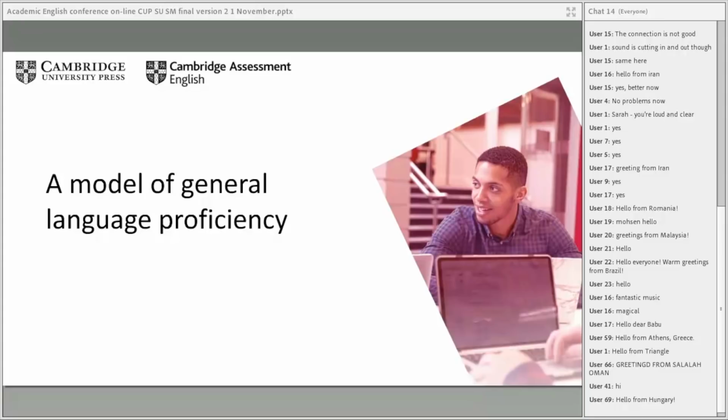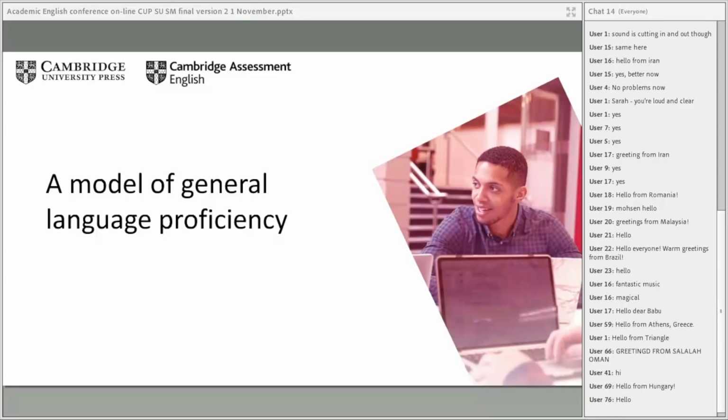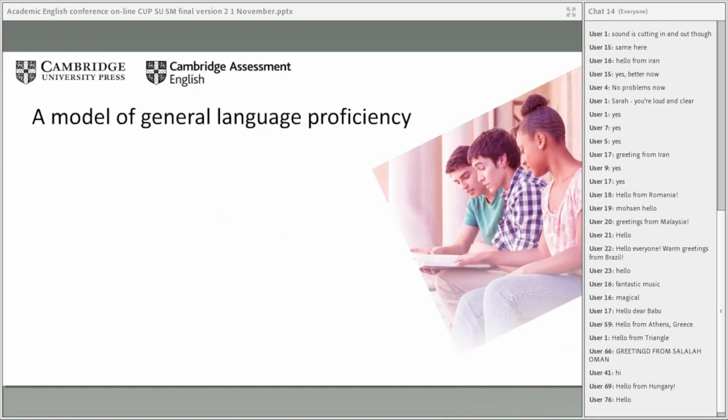And academic literacy is something which, in fact, many first language speakers struggle to develop. So we're going to look this morning at the ways in which they're similar and the ways in which they differ. And in particular, we'll be examining how they intersect in ways that haven't been necessarily examined very closely previously.